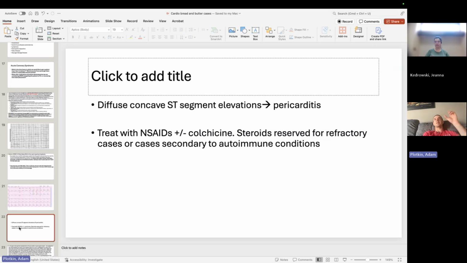Never pick steroids. Steroids are only used in refractory cases or cases secondary to autoimmune conditions. For the sake of Step 2, I don't think steroids will ever be the right answer for pericarditis. I feel like that's not a fair Step 2 question. So really look for NSAIDs and colchicine.